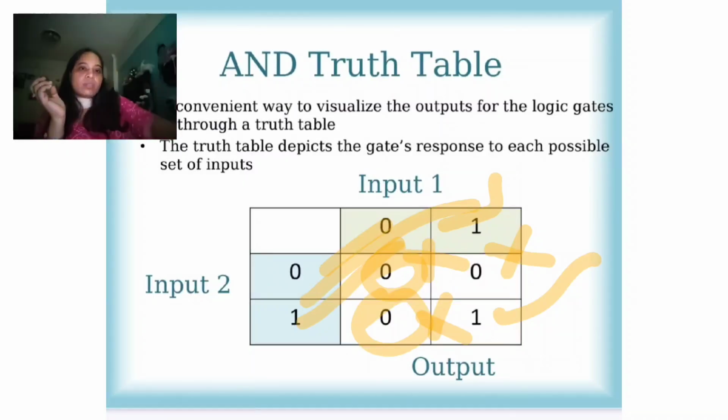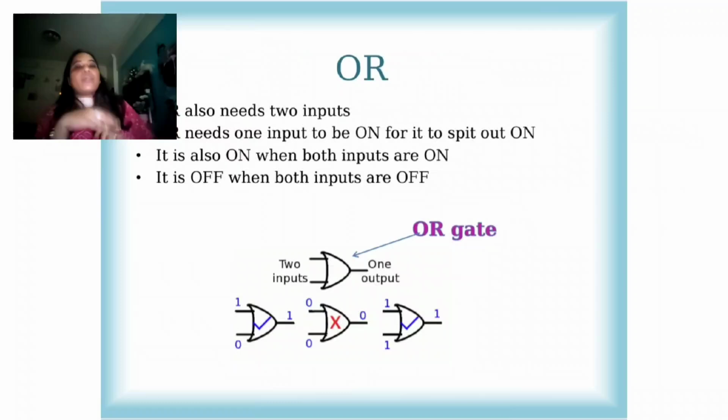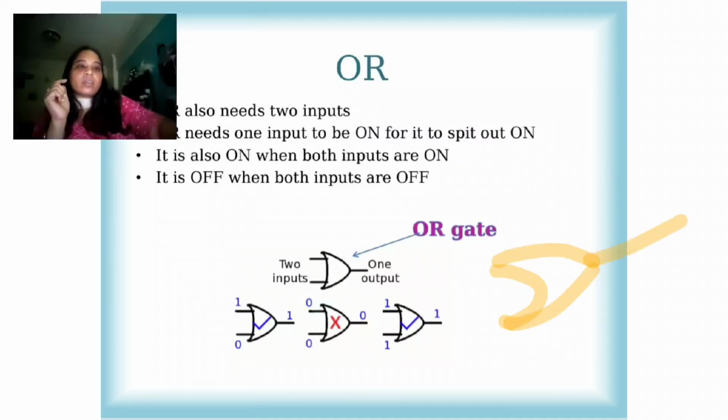Next, the OR gate. Why are we using this OR gate? Here also we are using two inputs. For example, you can draw the gate like this. This is your input, for example input 1 and input 2, and here you get the output.